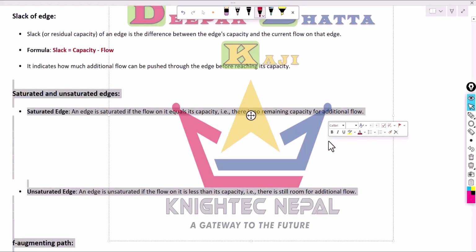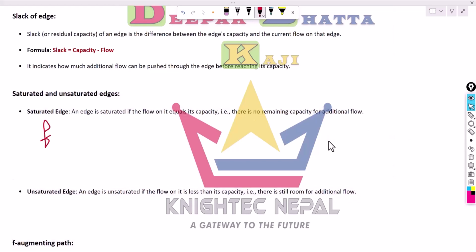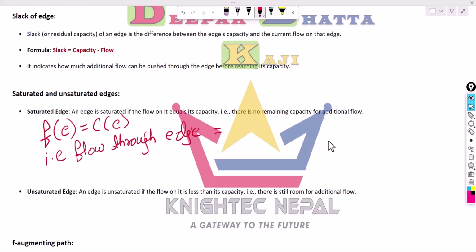So here write: flow through edge equals capacity of edge. So you can write this formula over here.